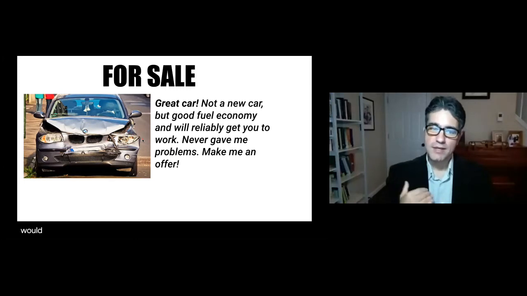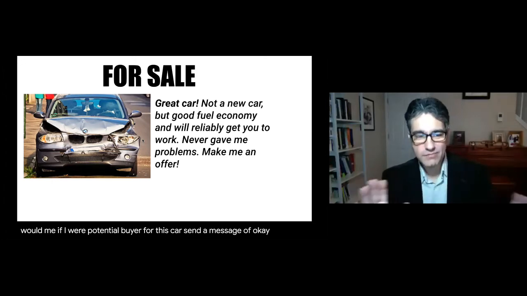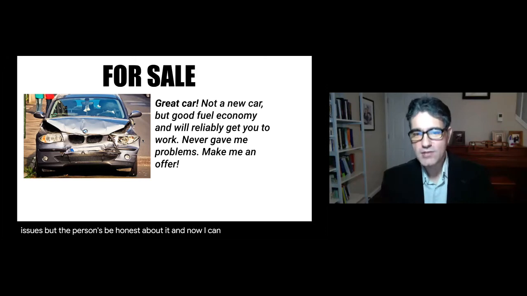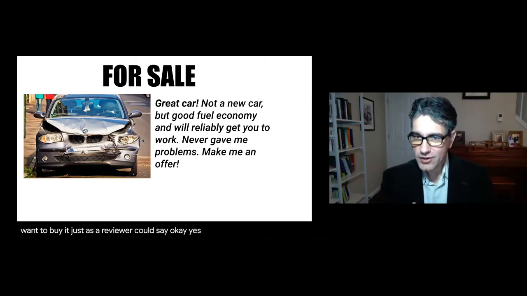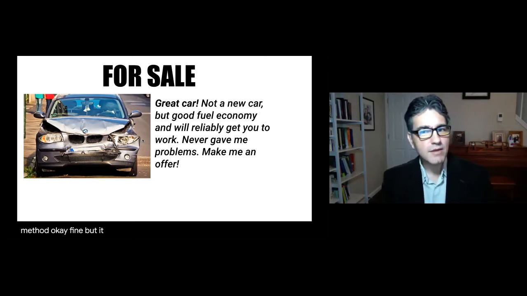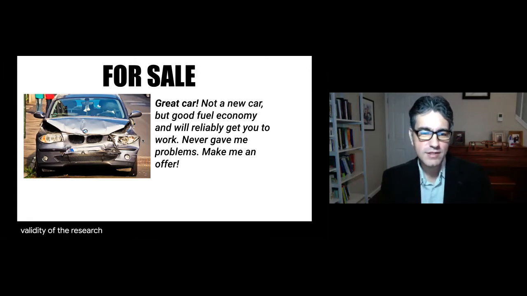That would, if I were a potential buyer for this car, send a message of, okay, there are issues, but the person's being honest about it, and now I can assess whether or not I want to buy it, just as a reviewer could say, okay, yes, there are issues in the method, okay, fine, but it doesn't seem to be affecting what the findings are or the validity of the research itself.